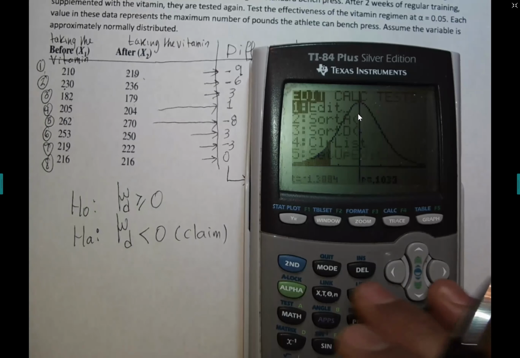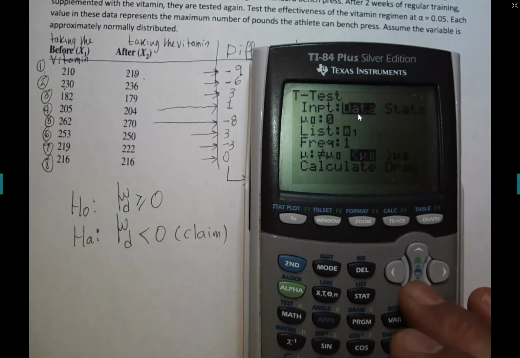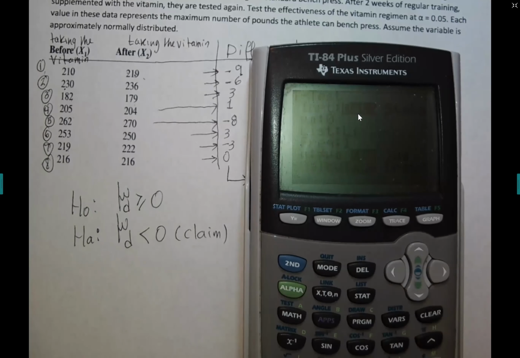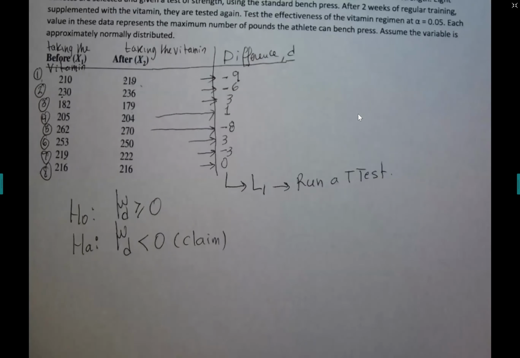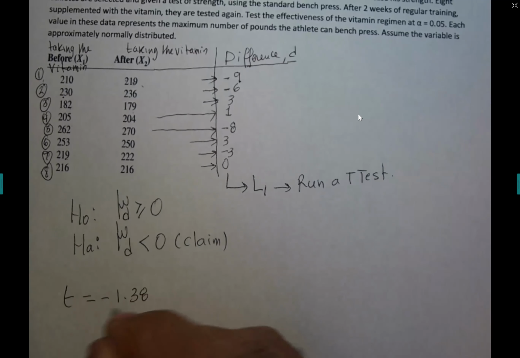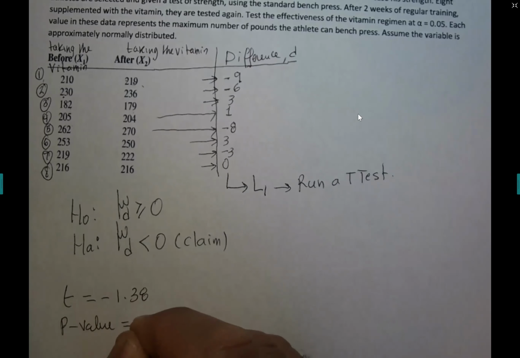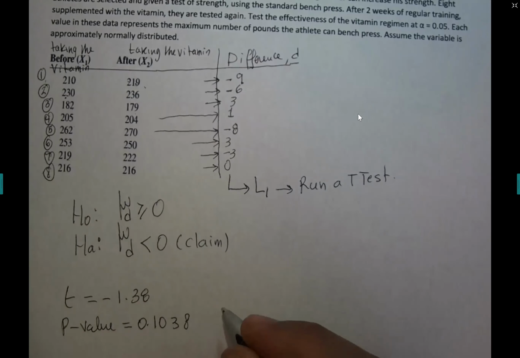You can do a stat calc also if you like, t-tests. You can hit calculate. It's faster actually. Okay, let me write them down. P-value is 0.1038, which is more than alpha.